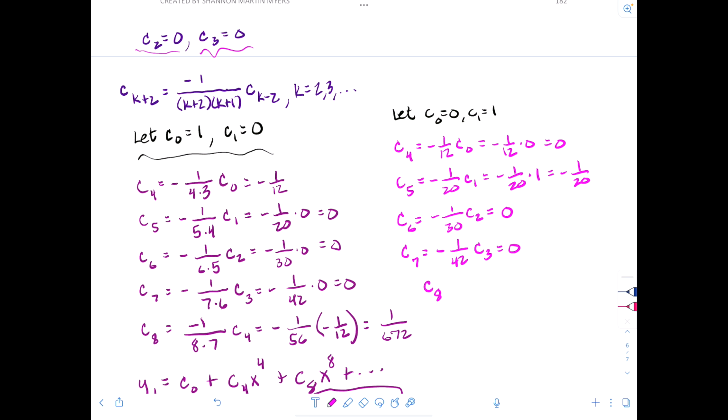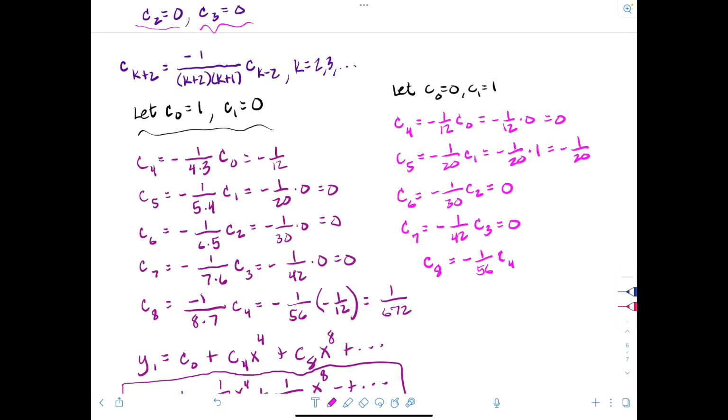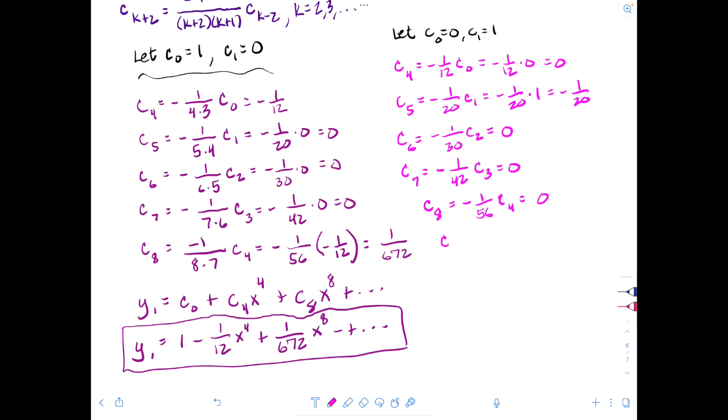And then C8 for this one will be negative 1 over 56 times C4, but C4 on this one is 0. So we'll just get 0. And then C9, I think we'll get somewhere. So C9 will be negative 1 over 9 times 8, and then times C5.